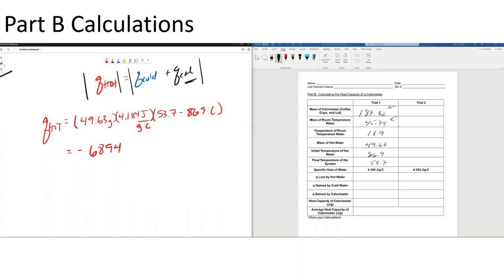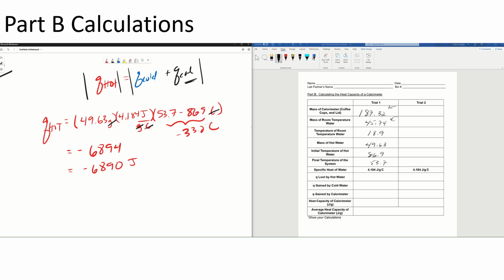The change in temperature, 53.7 minus 86.9, if you actually write it out, is negative 33.2 degrees Celsius. So that means we should have 3 sig figs here, right? So this would be negative 6890 joules. Again, make sure you write your units so that you can see your units cancel.